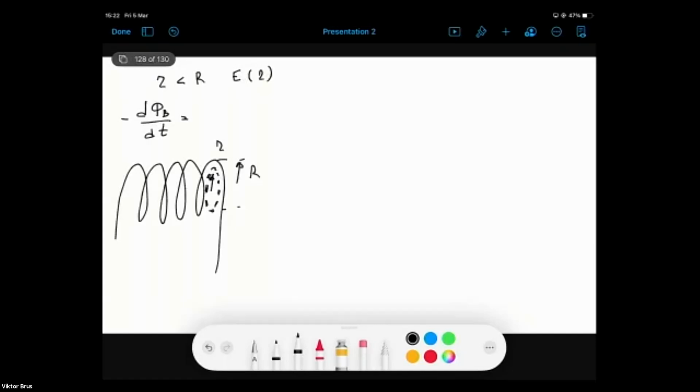And this area will be smaller than the area of the cross section of this solenoid. That's why, instead of pi times R squared, which we considered in the first case, we will now use area pi times r squared, where r is the radius of the loop which we want to calculate.